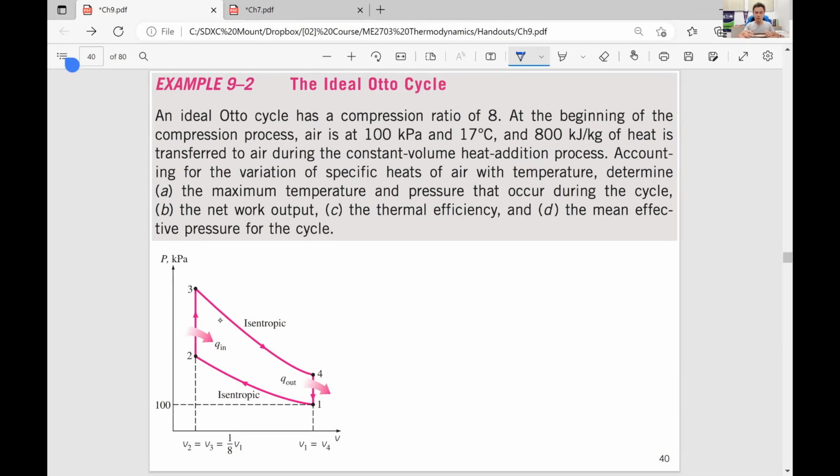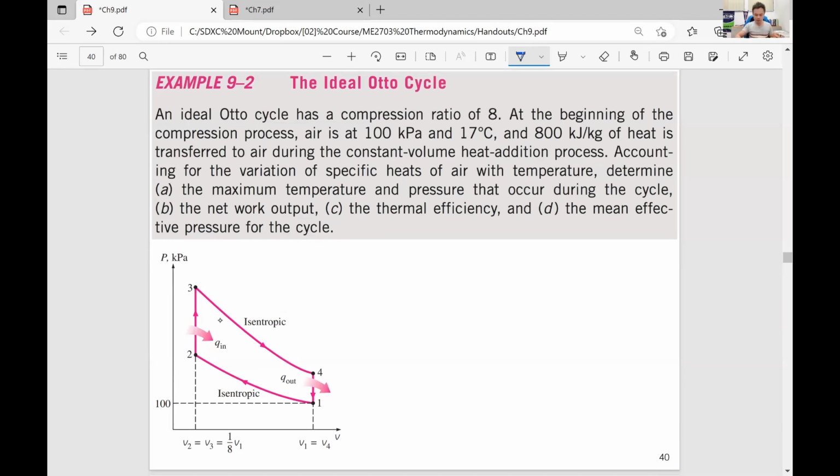Once you have temperature and pressure for every state, you can have everything else, including the thermal efficiency, the MEP, Q in, Q out, or net work output. Basically, all you need to do is find out what the temperature and the pressure are for every state.